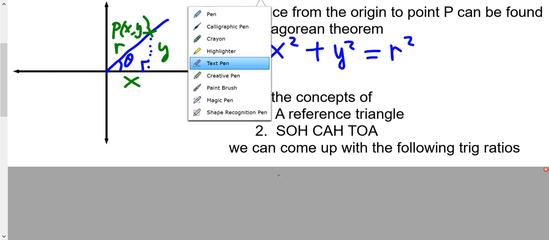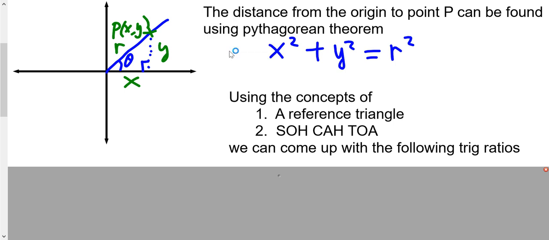So if you look at this here, the side opposite to the angle, you call that opposite. And then the side right next to that, not the longest one, adjacent. And then the side that is the longest, we call that hypotenuse.